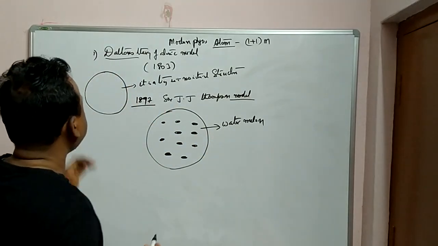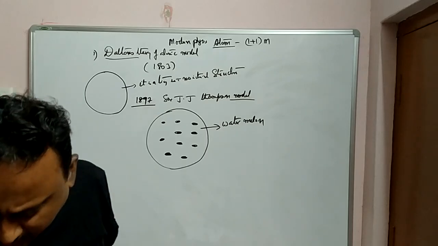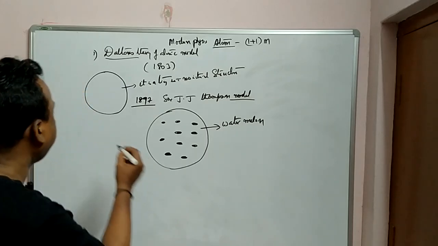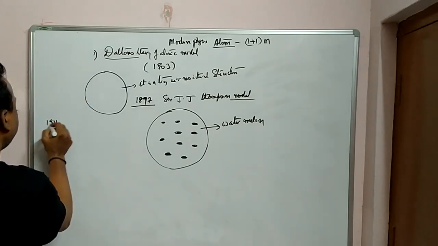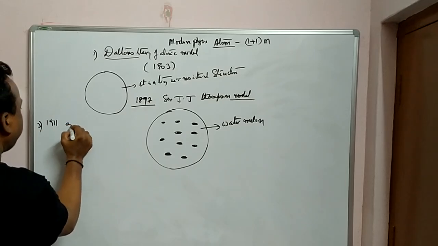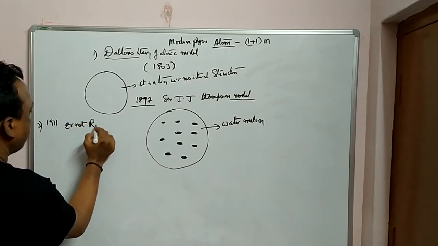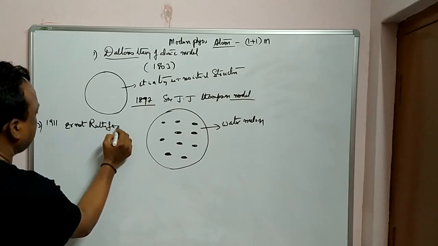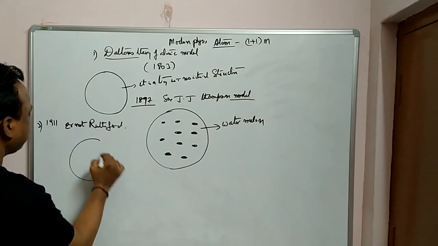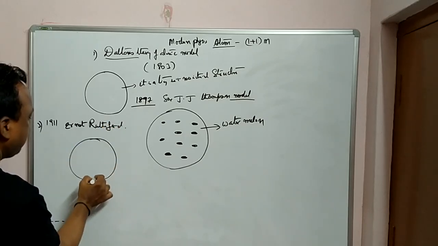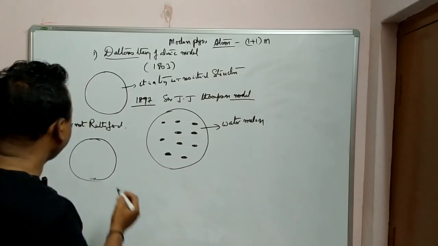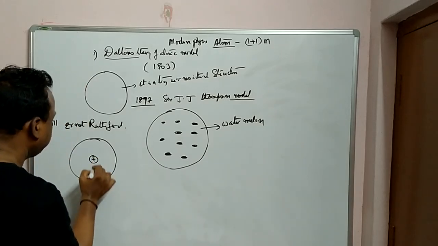So after these two scientists, another scientist, Rutherford, okay, in 1911, the third scientist, Ernest Rutherford, assumed that there is some nucleus inside at the center.